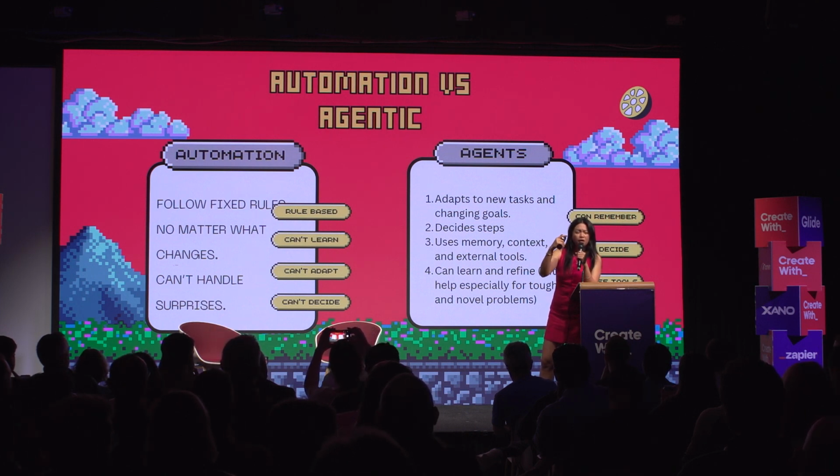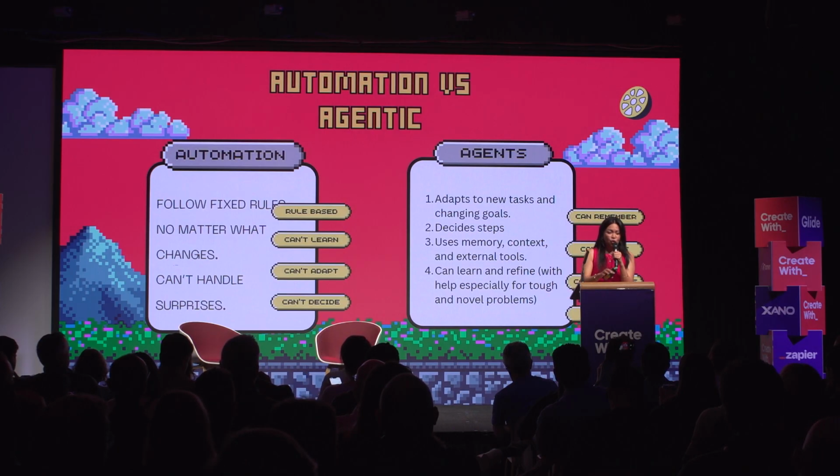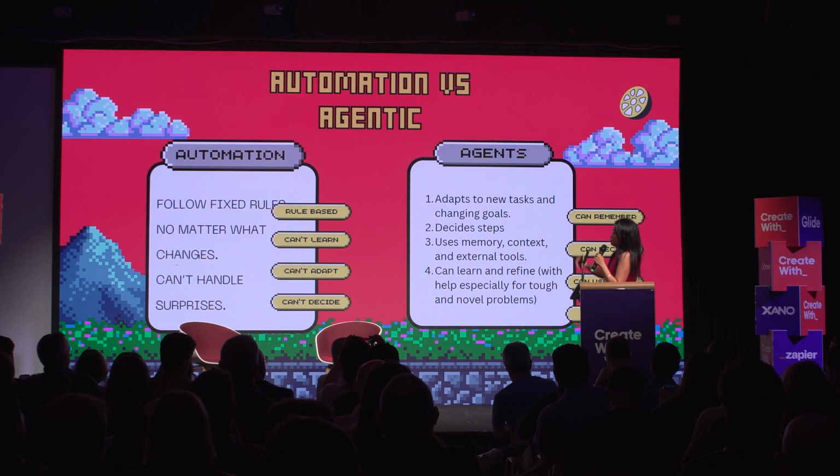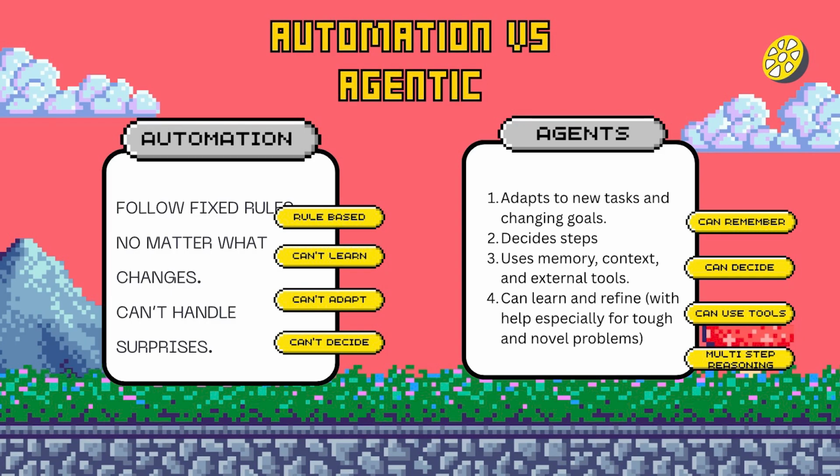You have to choose an option, and then based on that option, there's a response. And then most of us are probably like, no, I need to talk to a human. You don't understand. Those are automated flows. But then with agents, it adapts to new tasks and changing goals.